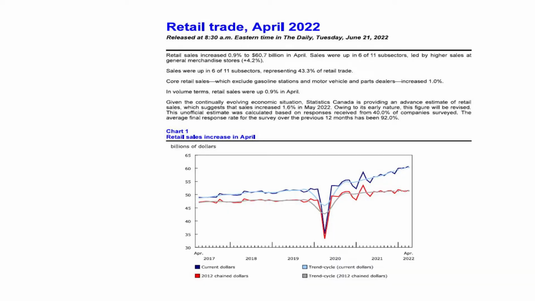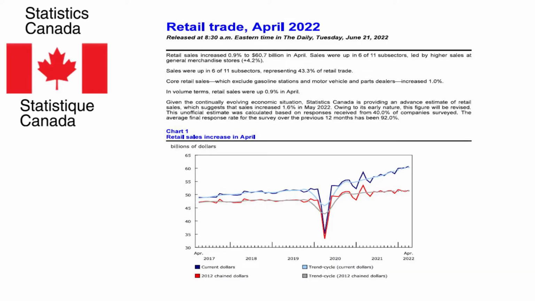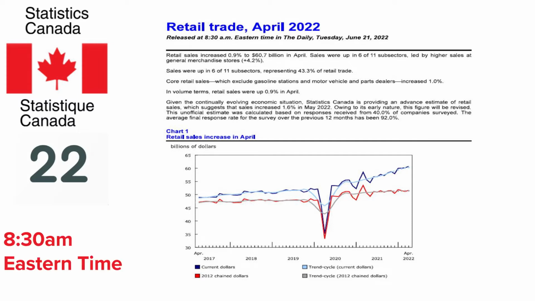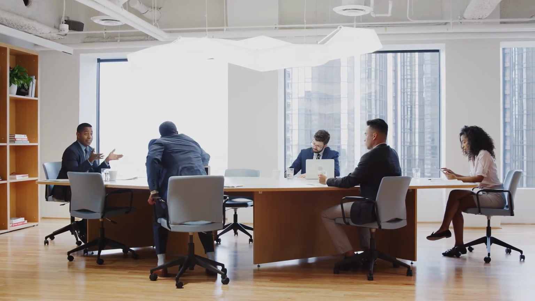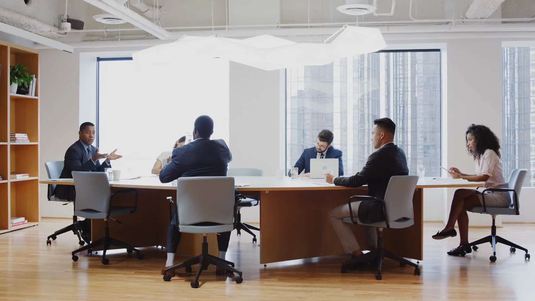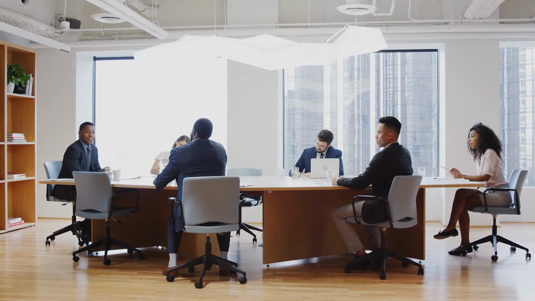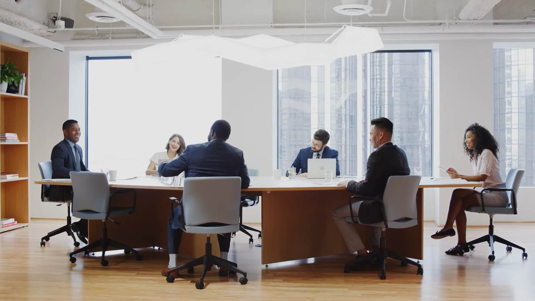The data release is published monthly by Statistics Canada, generally near the 22nd day of each month at 8:30 a.m. Eastern Time. Statistics Canada measures retail trade to support informed decision-making made by individuals, businesses, nonprofits, and governments.